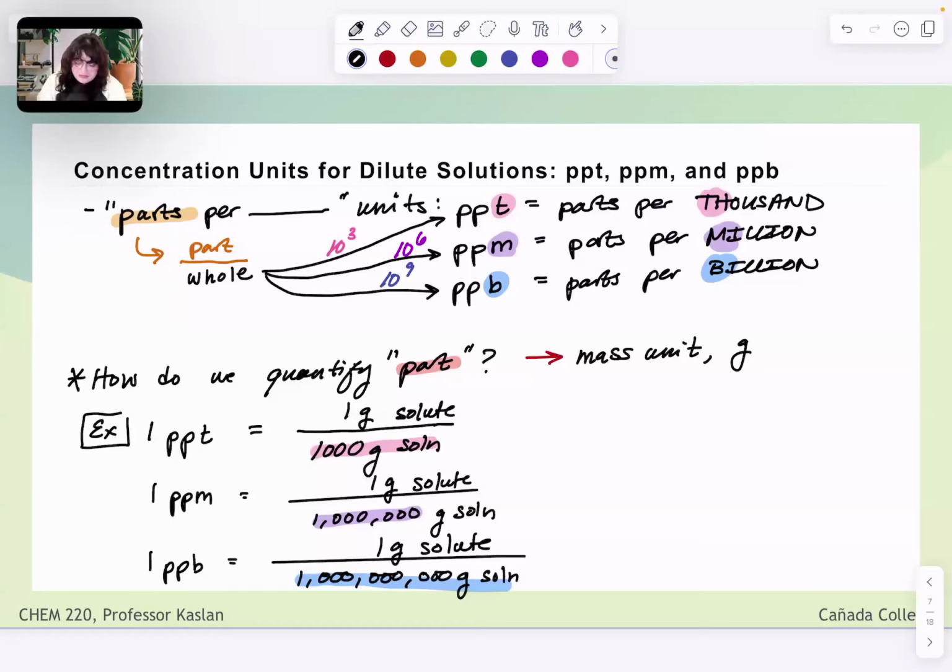And the answer to that is, instead of an expression with 1 always in the numerator, let's put the 1 always in the denominator. So what might that look like? If I had 1 gram of solution in each of my cases.